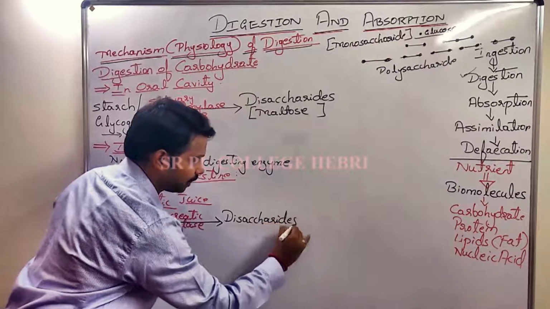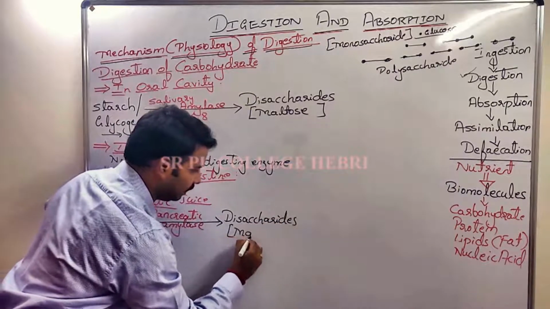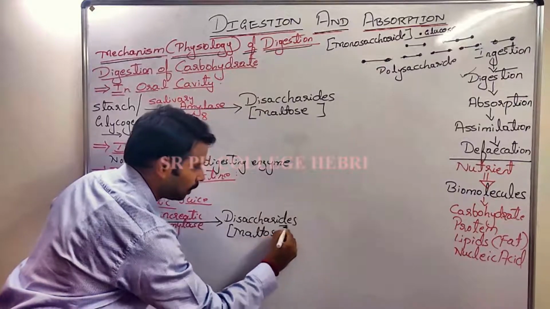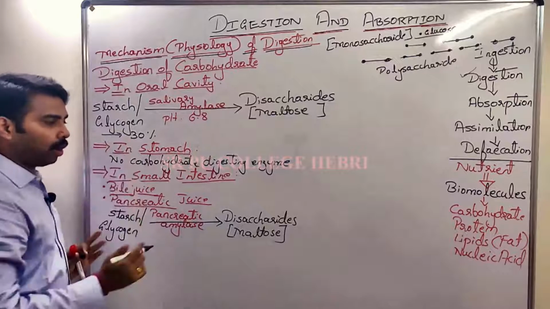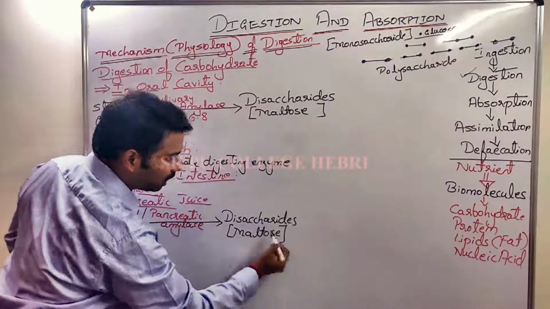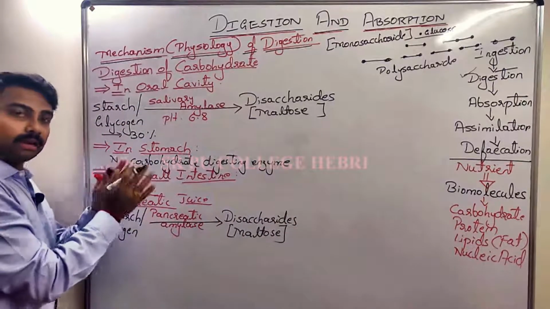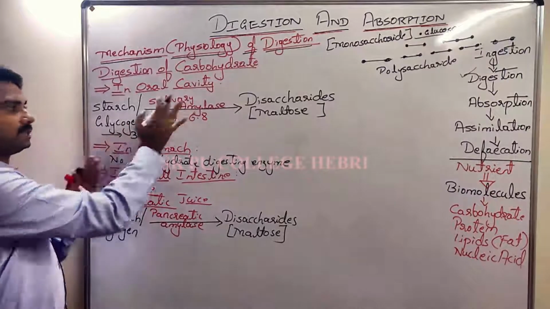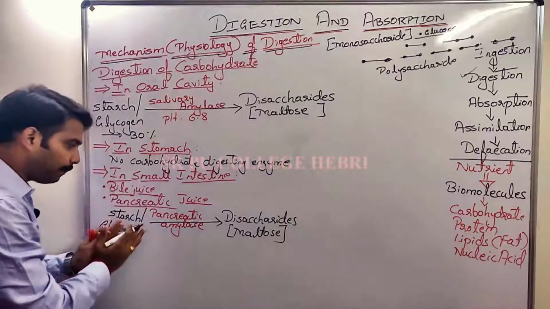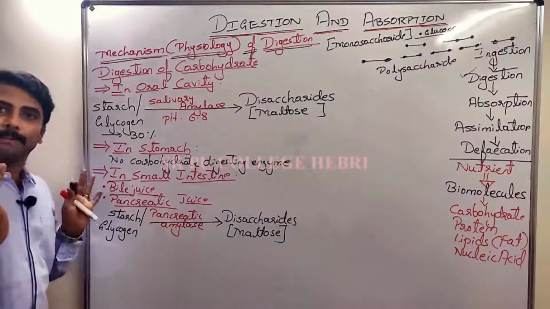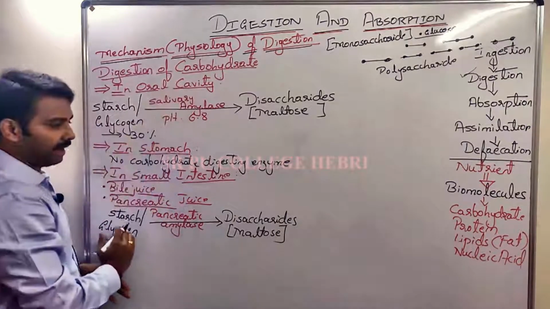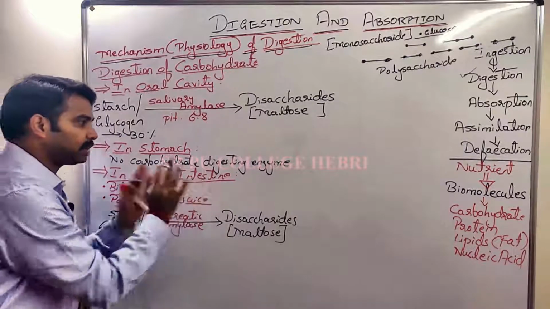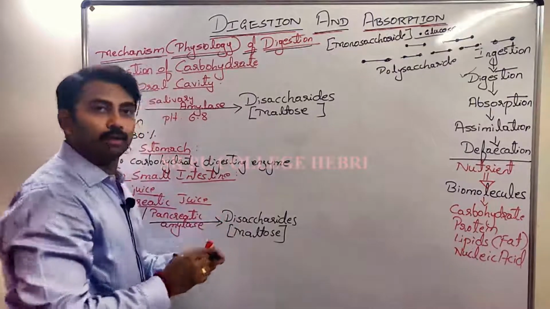Disaccharides. Like, what is the disaccharide? Once again, maltose. So finally all carbohydrates are broken down to maltose, in which 30% contribution is by salivary amylase and 70% contribution is by pancreatic amylase. Successfully all starch and glycogen are finally converted to maltose in your small intestine.